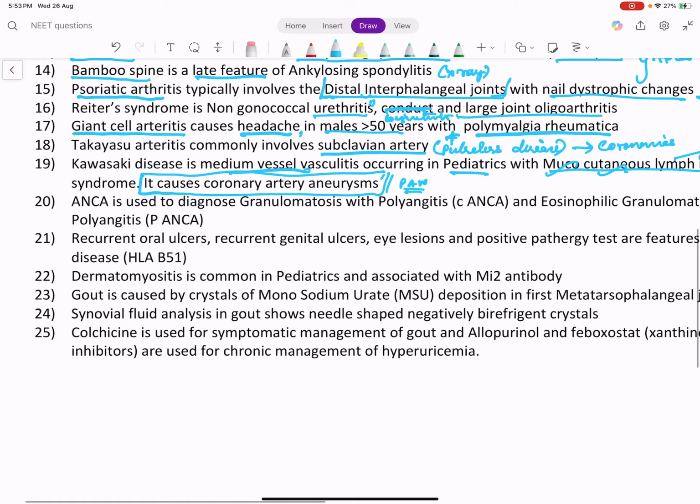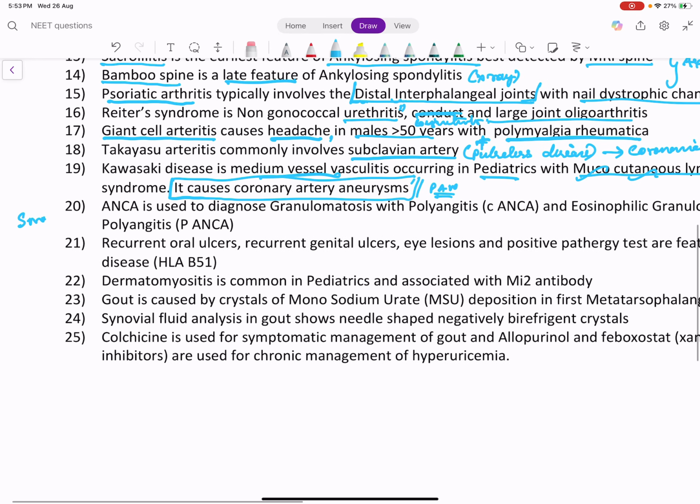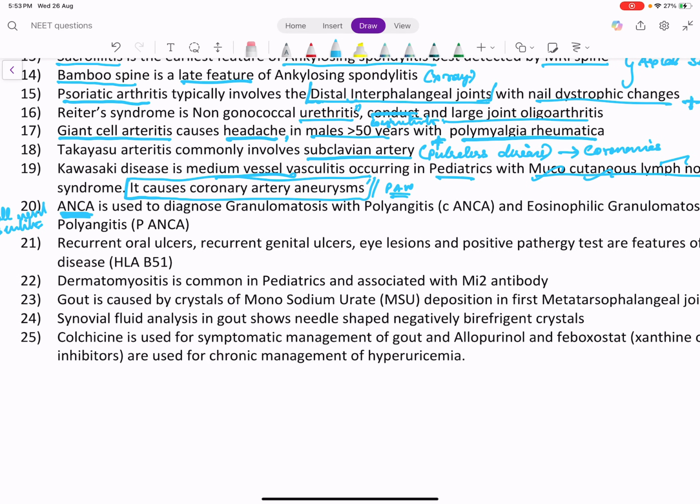Now about small vessel vasculitis. There are many small vessel vasculitis. What is important to know is the pauci-immune vasculitis. That is, we have ANCA, anti-neutrophilic cytoplasmic antibody. These are specific antibodies found in diseases called GPA, granulomatosis with polyangiitis, formerly Wegener's granulomatosis.